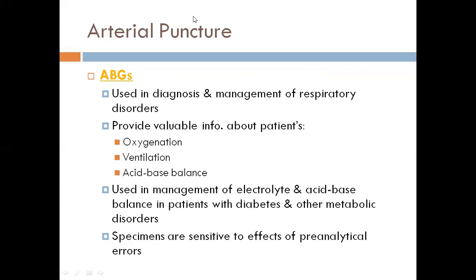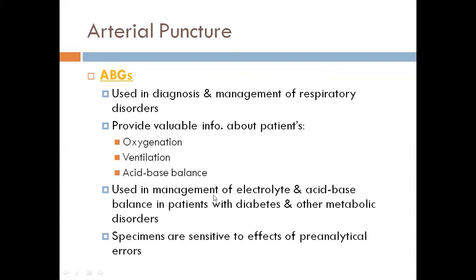So take note that when performing arterial puncture for ABG, accurate patient assessment and proper specimen collection and handling are necessary to ensure accurate results later on. Since I've mentioned proper specimen collection: the specimen should not be exposed to air and should be collected in an anaerobic manner.